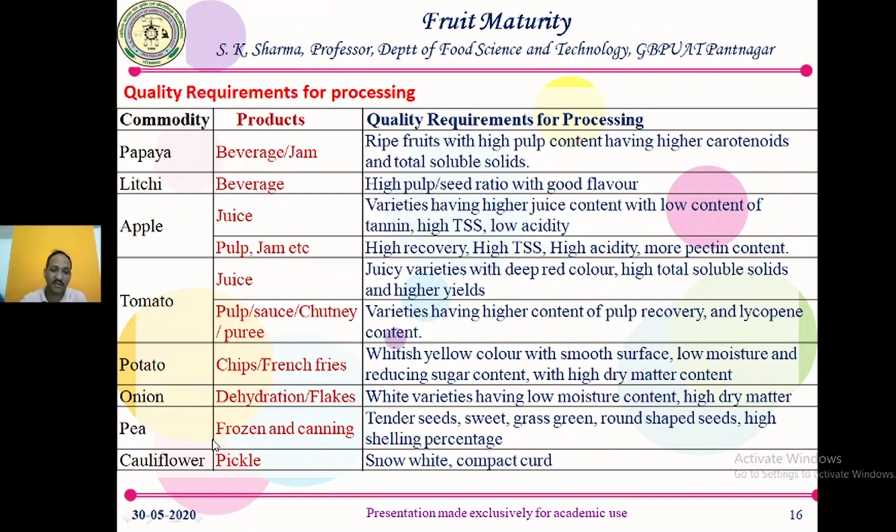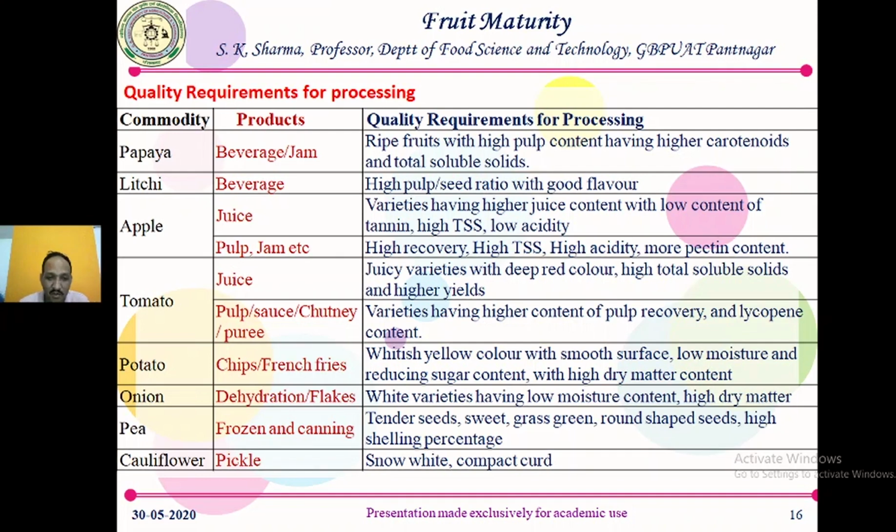Pea, it's very important. Like the fruits, which normally increase sweetness as we go for ripening, in case of pea the sweetness goes down as we go ahead with maturity.